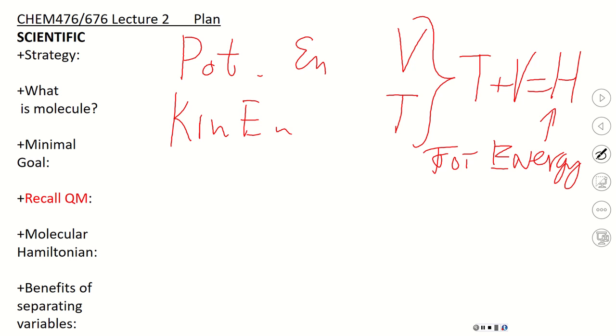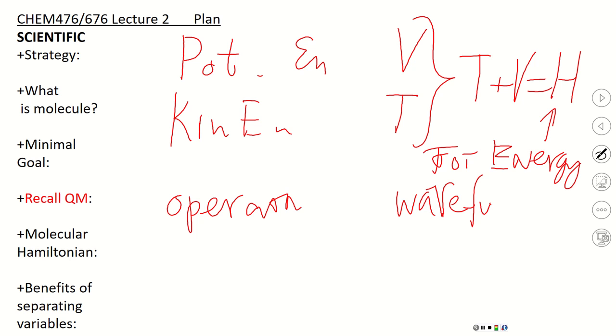So there are operators, and there are so-called wave functions, which are functions of x, y, and z, functions of 3 coordinates, or a vector.